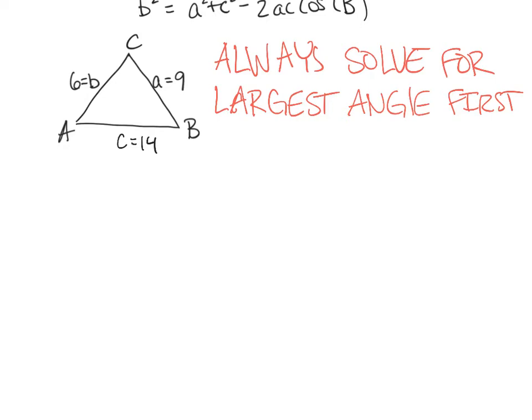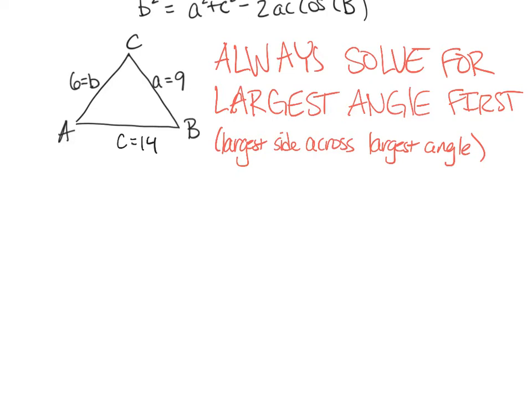Well, if you remember from our last couple of videos, the largest side is always across from the largest angle. I'm going to make that note. So the largest side is always across from the largest angle.